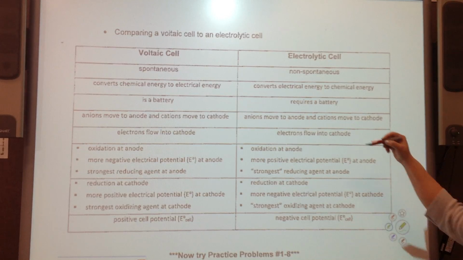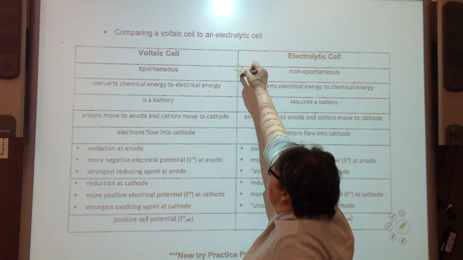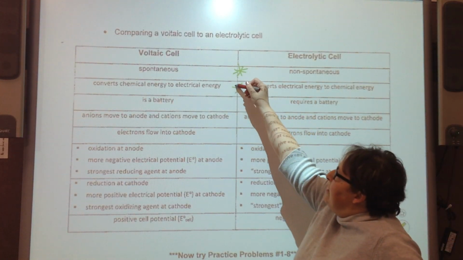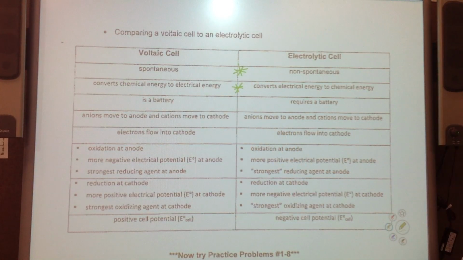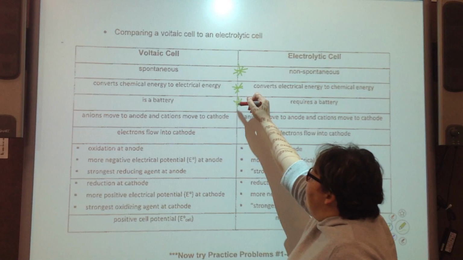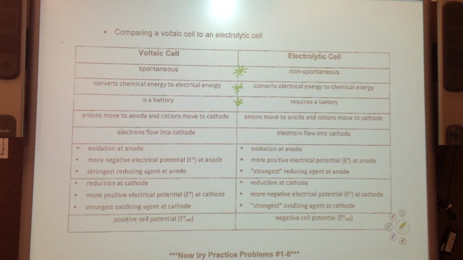So when we look here, spontaneous versus non-spontaneous. This one here, the electrolytic cell, requires a battery. It converts electrical into chemical. Okay, so these three here are what are different. Anions still move to anode, cations still move to cathode, electrons still flow into the cathode, oxidation still happens at the anode.